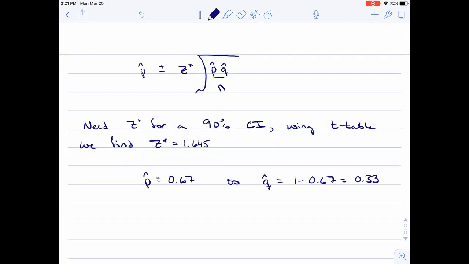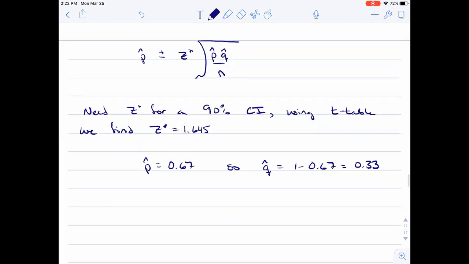Now we have all the components and we can just plug them in. Even if you just wanted to plug them in to the formula right away, that's fine too. So now we've got 0.67 plus minus 1.645 times the square root of 0.67 times 0.33 over 1,000. That's your sample size.